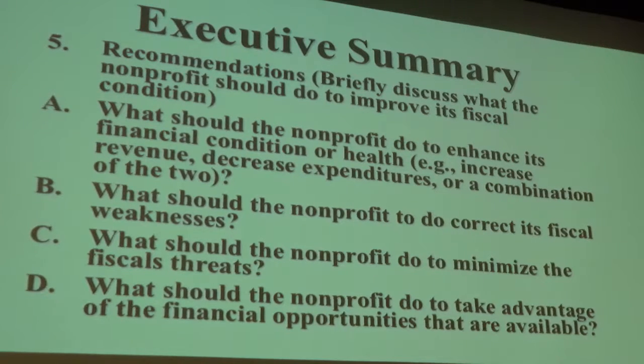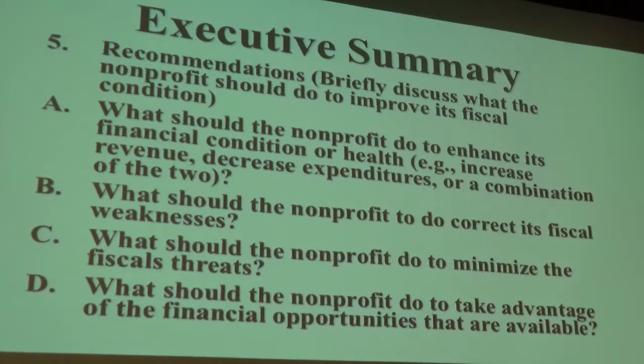Another brief discussion is what should the nonprofit do to correct its fiscal weaknesses? Does that mean it has to increase revenue? If it's going to increase revenue, what revenue can it increase relatively quickly?